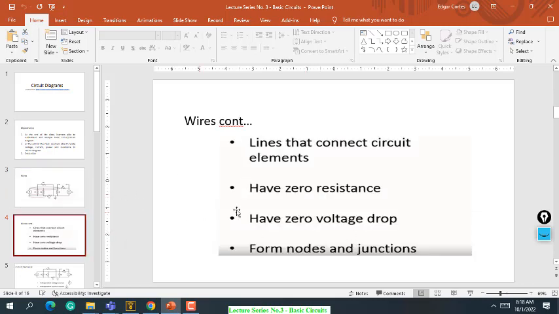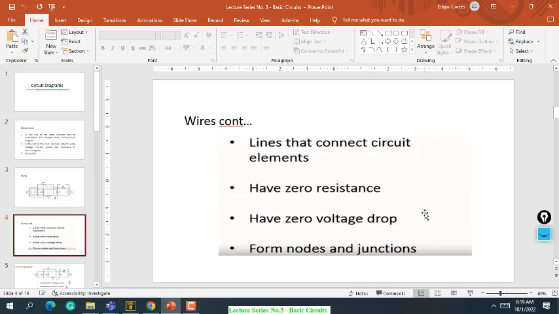Okay, and then for the purpose of basic analysis, we treat wires to have zero resistance. Although in theory, class, as we've discussed last meeting, dili gini siya tinuod, because in fact each material has what we call resistance in it.